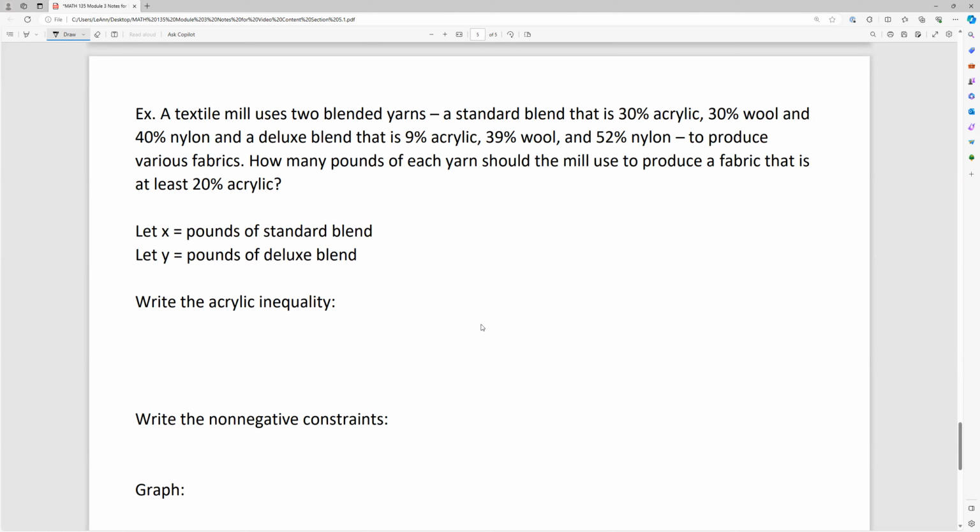The question doesn't focus on the wool or the nylon composition at all. We are looking specifically for a constraint related to the acrylic inequality. On this problem, they're not going to set up every single possibility. They're focusing purely on the acrylic.